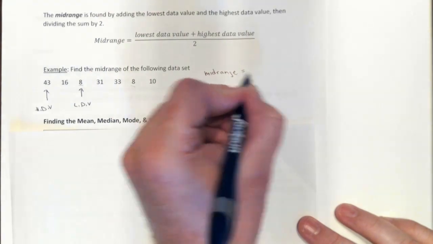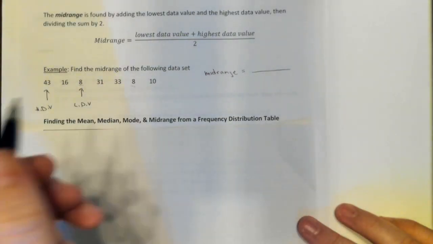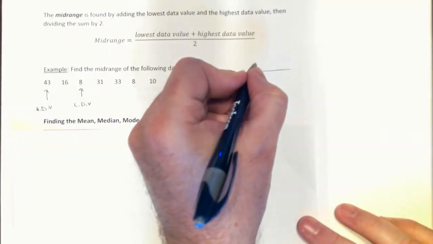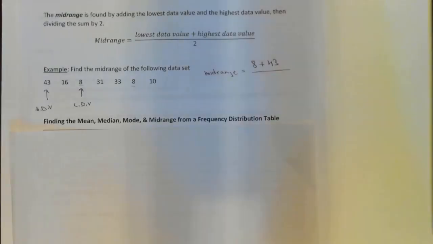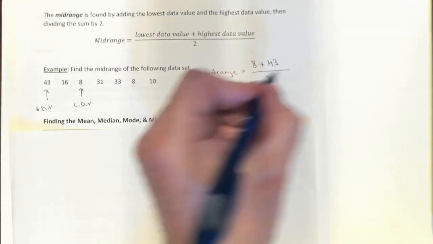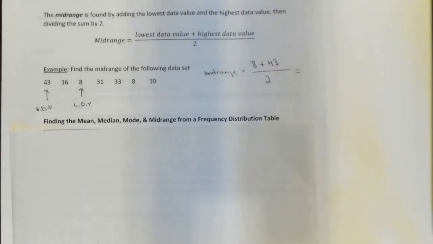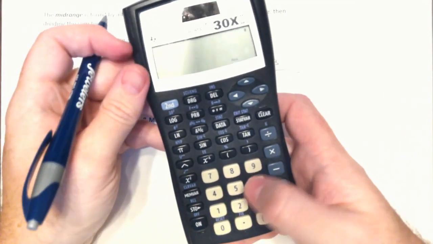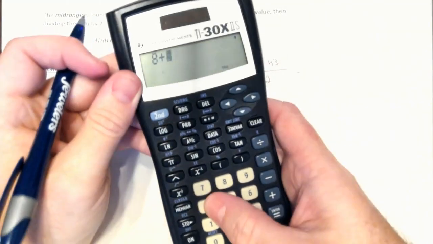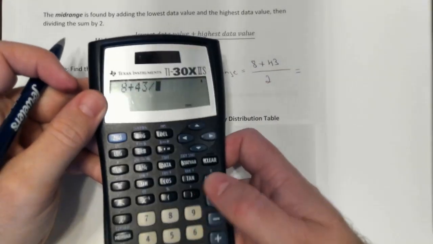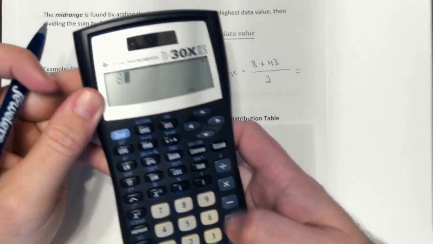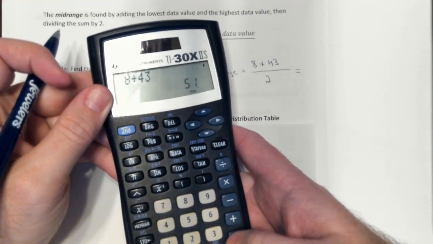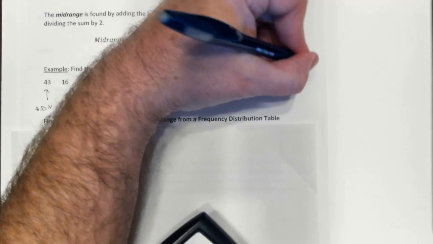So we're going to find the average of those two numbers. Again, if you need to round, MyMathLab will tell you how to round. Okay, so 8 plus 43 divided by 2. Oh, let's do it this way. We better be careful. 8 plus 43, 51.